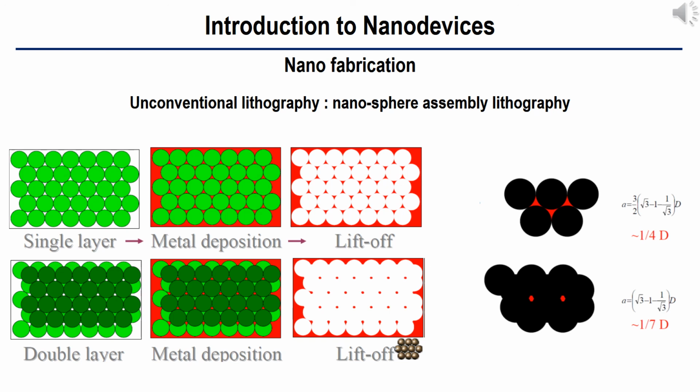Due to the close-packed geometry, there exist specifically shaped voids in a periodic array, and the feature can be determined by the number of stacked layers. For example, as shown in the right figure, void size can be controlled as a function of stacking number.